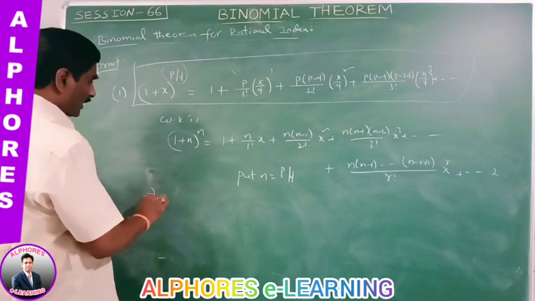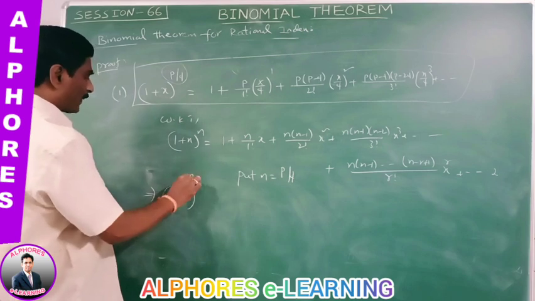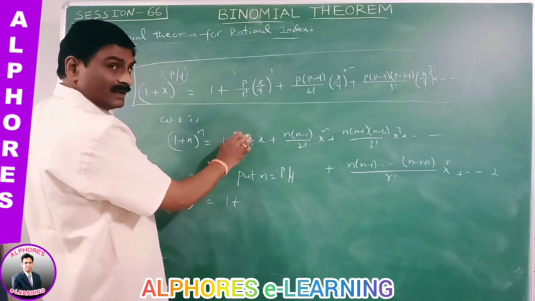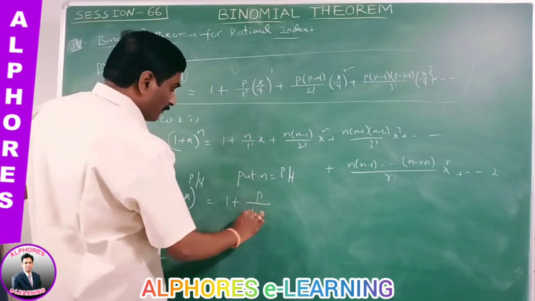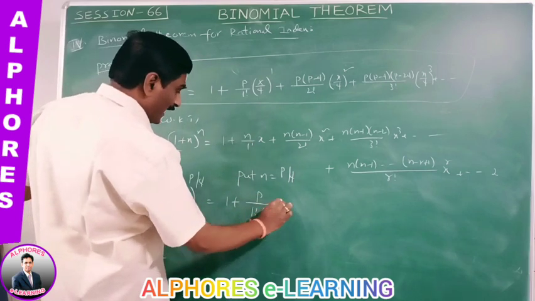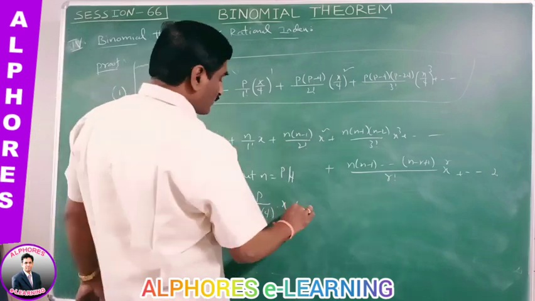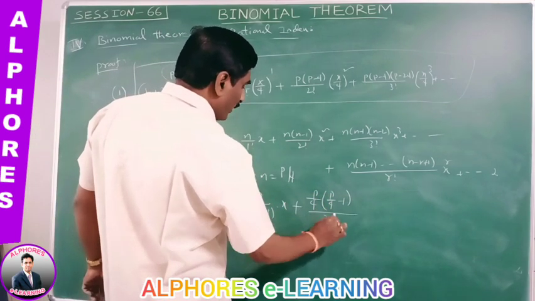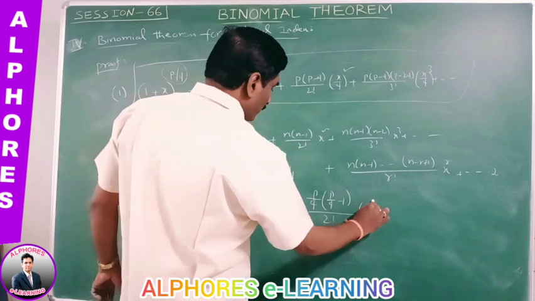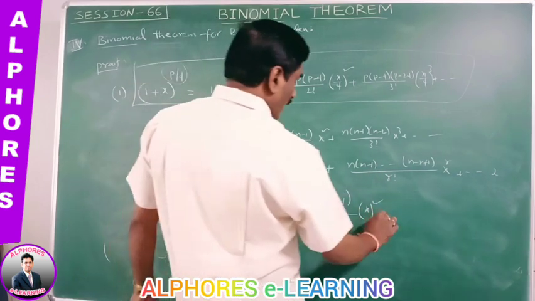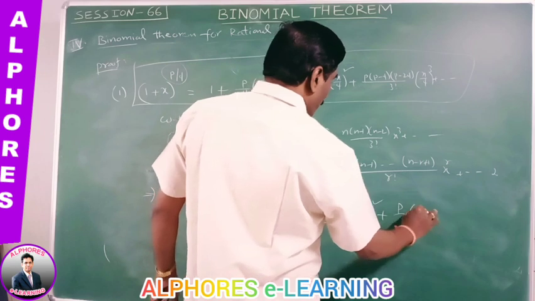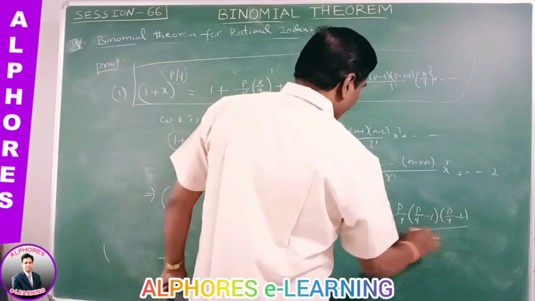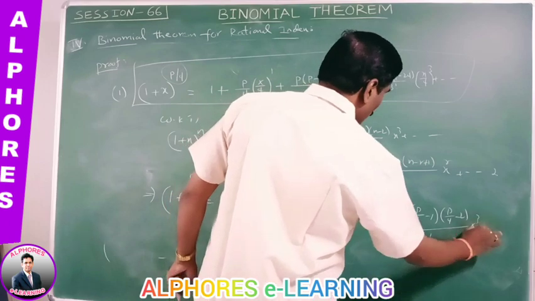Now it can be reduced into 1 plus x whole power p by q is equal to 1 plus, what is the value of n? p by q. That means p by 1 factorial into q into x. Okay, next, this value is p by q into p by q minus 1 by 2 factorial into x square. Next term, p by q into p by q minus 1 into p by q minus 2 by 3 factorial into x cube plus so on.